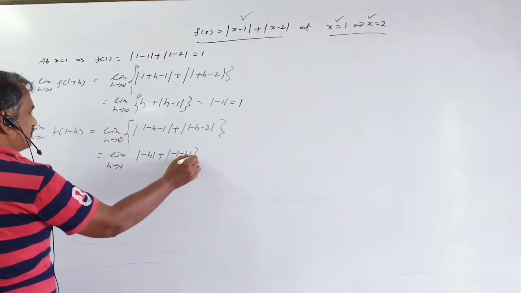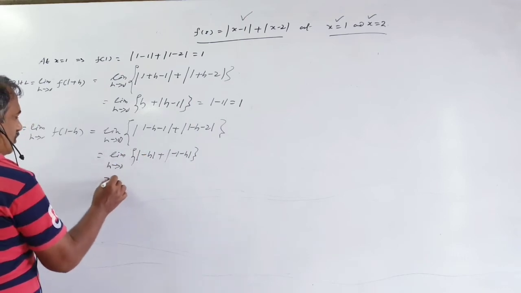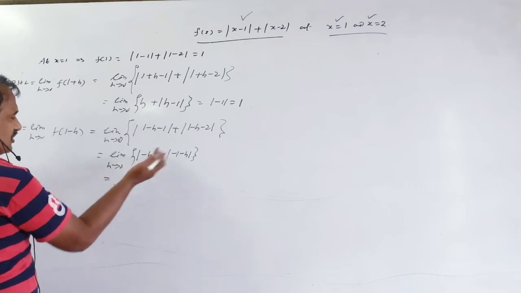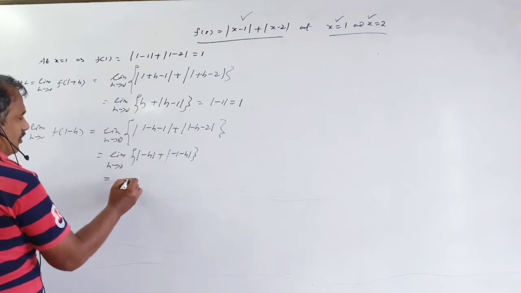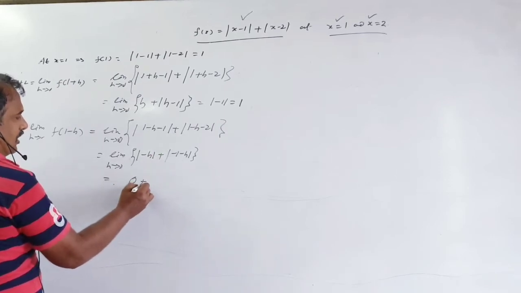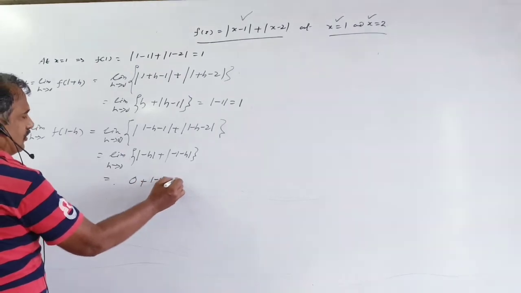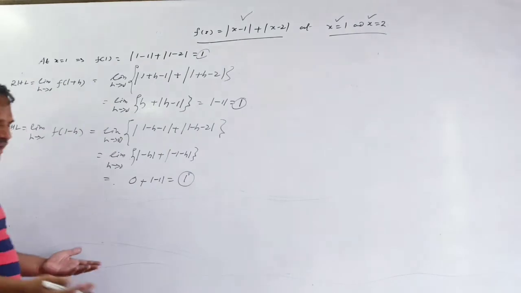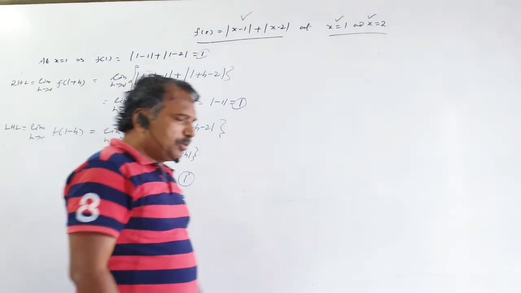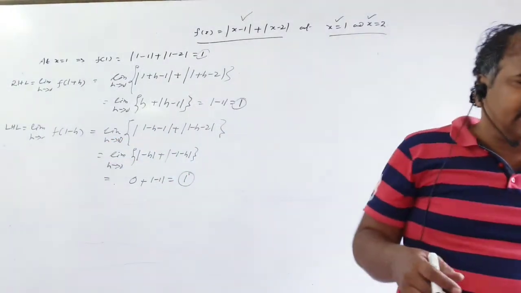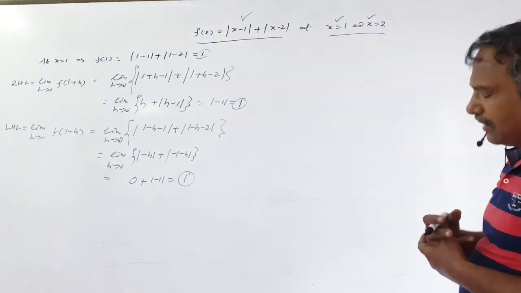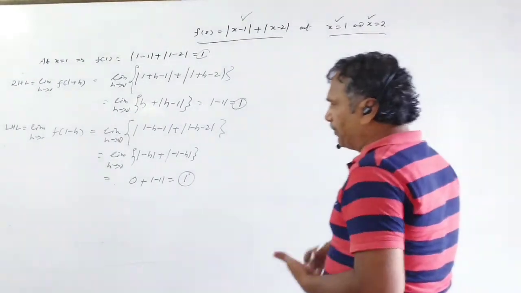So put h equal to 0: 0 plus mod of minus 1 equal to 1. So left hand limit equal to right hand limit equal to 1. Here you can find directly. First, it is better to define the function, then find the limit of the function. That is better. Or you can find it directly.